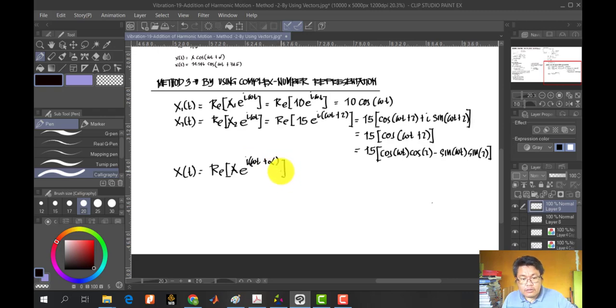So the sum of function 1 and function 2 can be expressed as this.